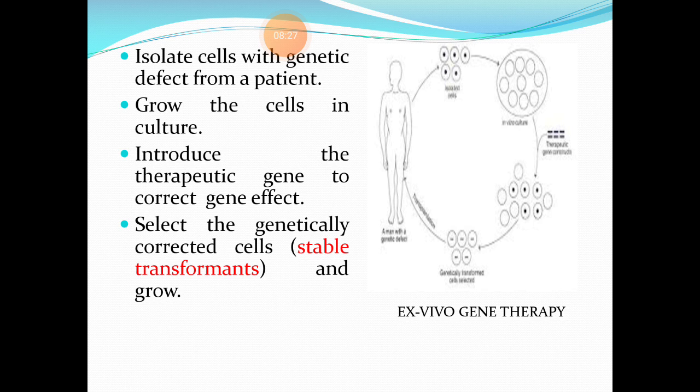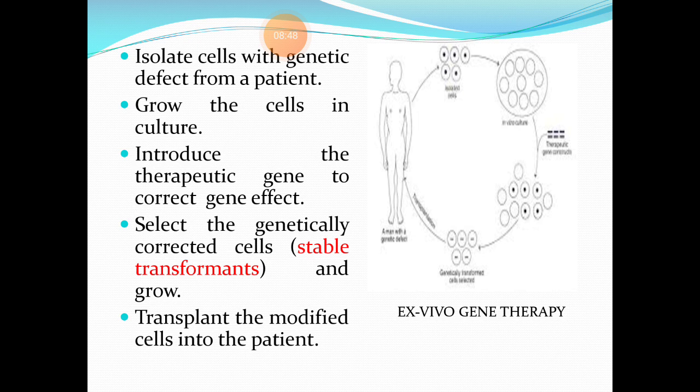Okay, here is the patient. Cells have been isolated with the defect. They are cultured, and you have to give them the therapeutic gene, okay, to correct the gene defect, and then those transformed cells are put back into the patient. So transplant the modified cells into the patient.